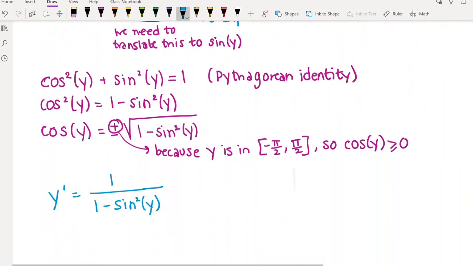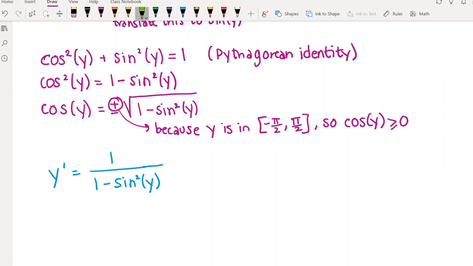And so instead of writing sine squared of y, using that key, oops, sorry, I forgot something. There's supposed to be a square root here, right? So this was cosine of y is equal to the square root of 1 minus sine squared of y. Because sine of y is equal to x, we can replace that part with an x. So we're left with 1 minus x squared.